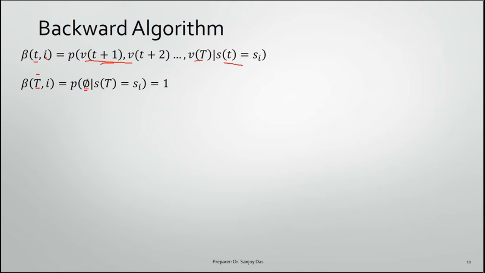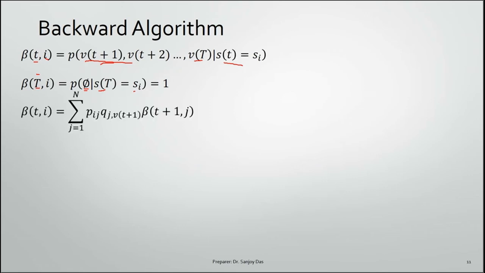So this is null given the last time step S_T equals S_i. And the probability of null is always 1. Probability of nothing to happen is 1. Nothing will always happen.